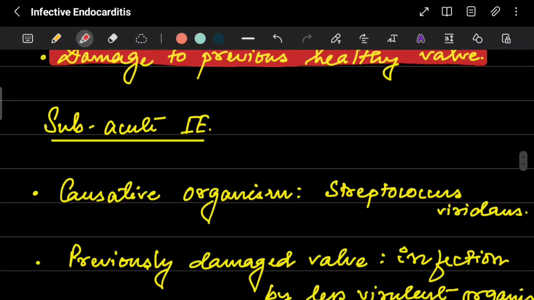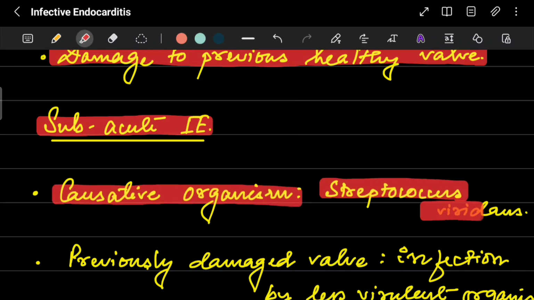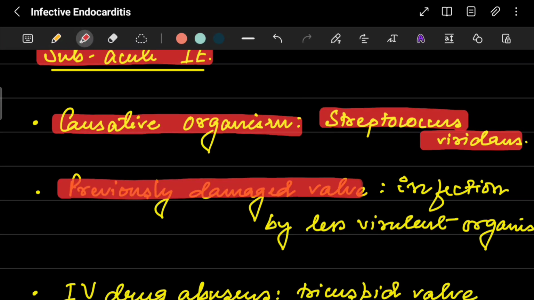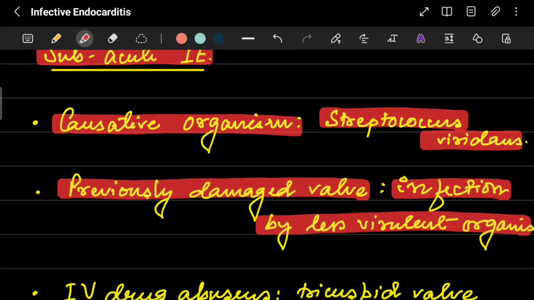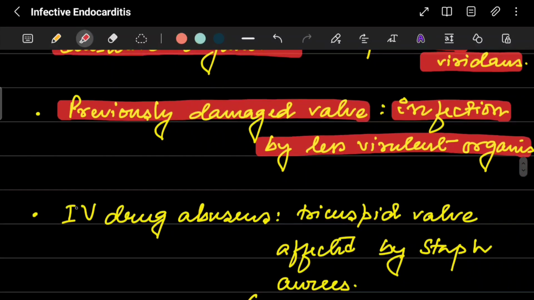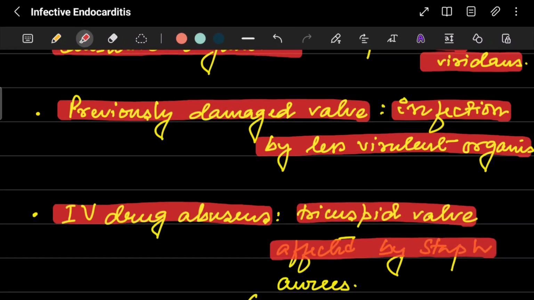But in case of subacute infective endocarditis, the causative organism is mostly Streptococcus viridans, and it affects the previously damaged valve due to infections by less virulent organisms such as Streptococcus viridans. And it is more common in intravenous drug abusers, where the tricuspid valve is affected by organisms such as Staph aureus.